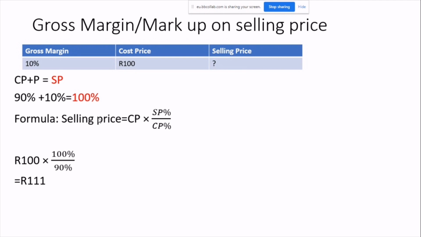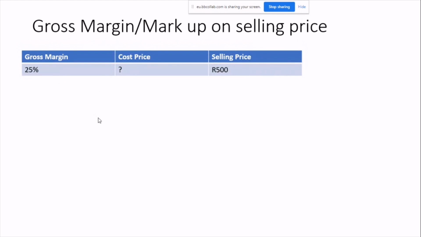Remember, it says SP. And like I said, with gross margin or markup on selling price, our percentage is 100%. Divide by CP. Going back to the formula, our CP is 90%. So when you do your calculation, then you will get 111 Rand. And that is your selling price.